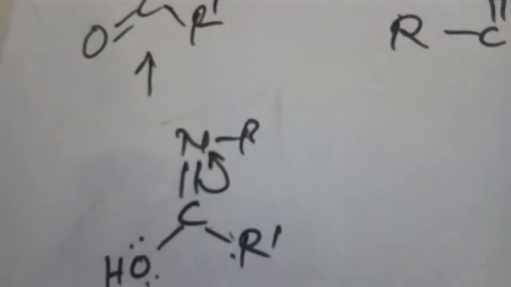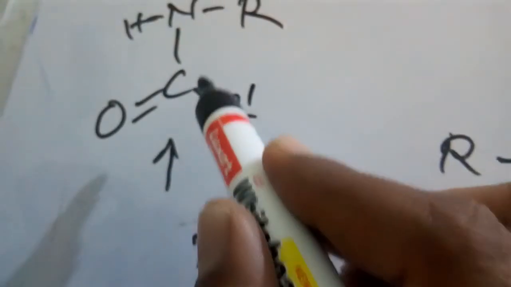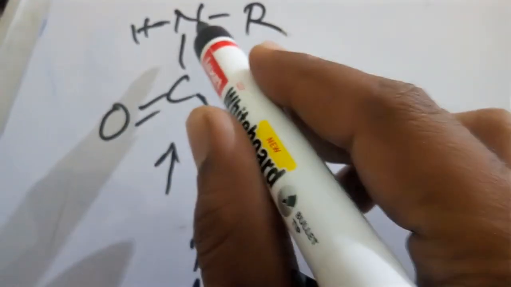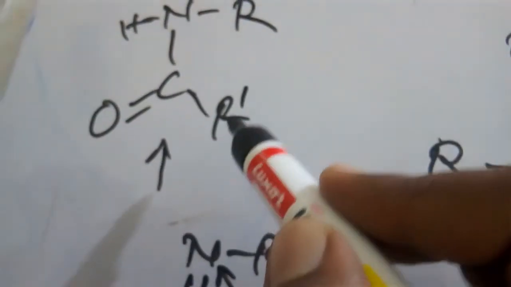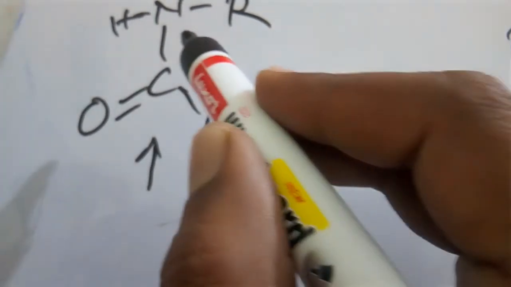this R dash, as it is, C and double bond O, ketone, hydrogen has gone onto the nitrogen, this R as it is, so this is R C double bond O NH.